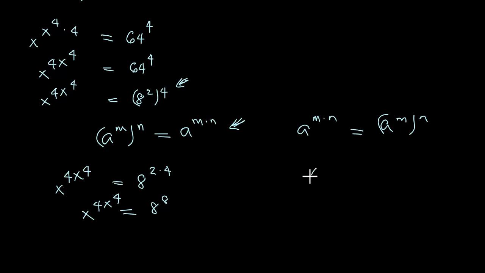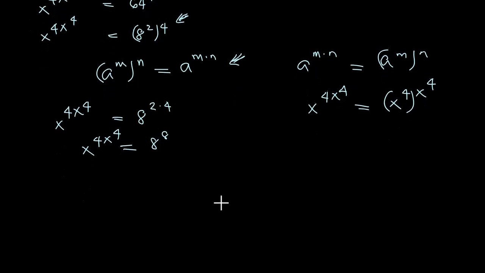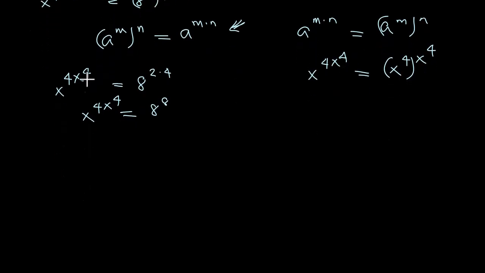If you look at x raised to power 4, x raised to power 4, if we introduce a bracket here, since this is 4 times x raised to power 4, we are going to have x raised to power 4, then raised to power x raised to power 4. So that what we have here now is x raised to power 4, then raised to power x raised to power 4 equals 8 raised to power 8.